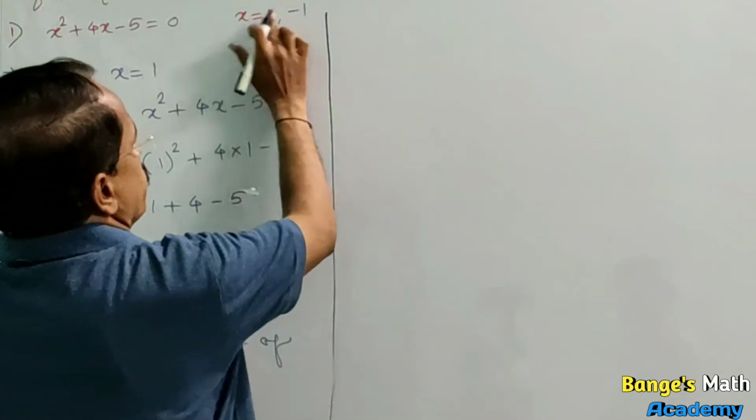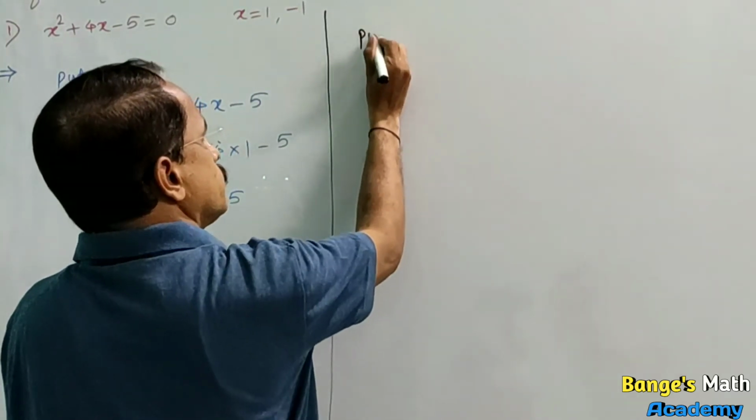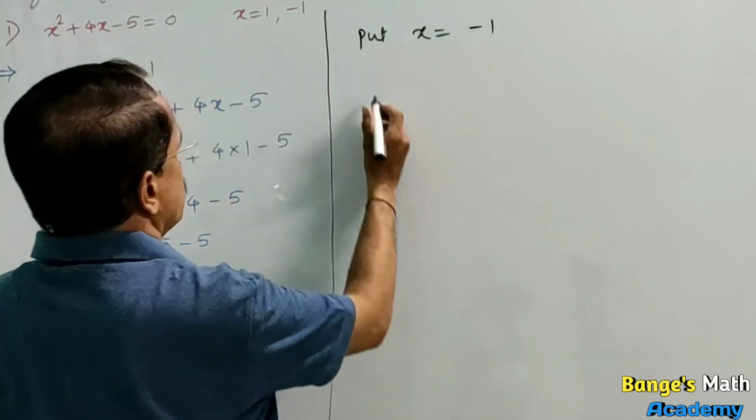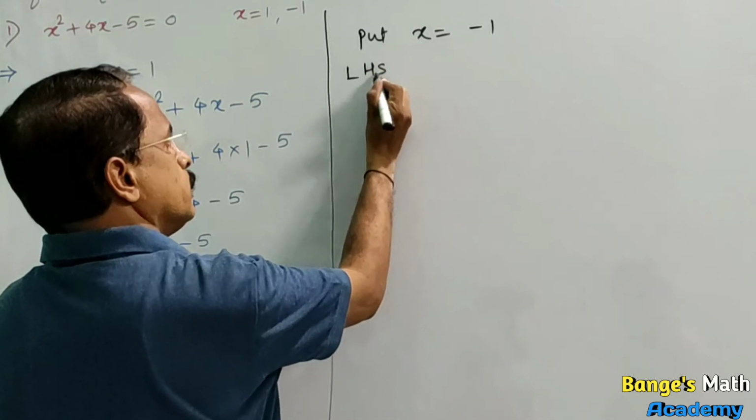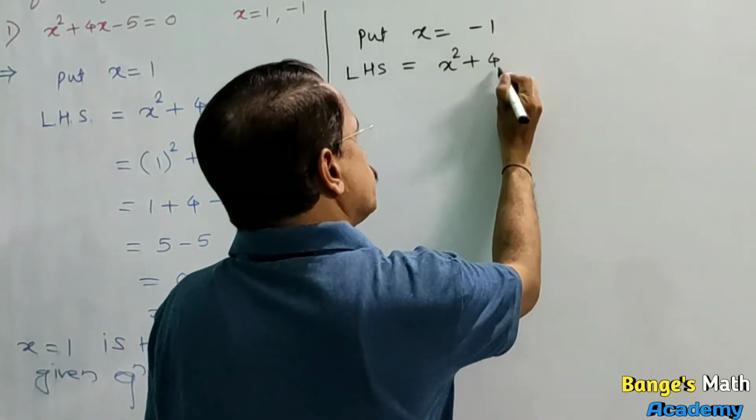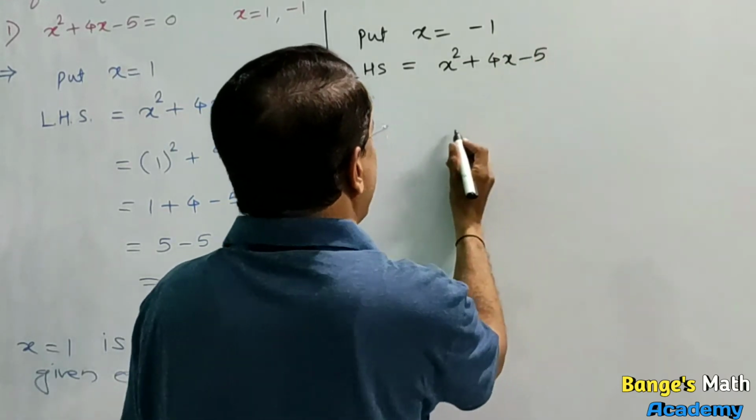Then consider the next value, x is equal to minus 1. Put x is equal to minus 1. Then consider LHS. LHS is equal to x square plus 4x minus 5.